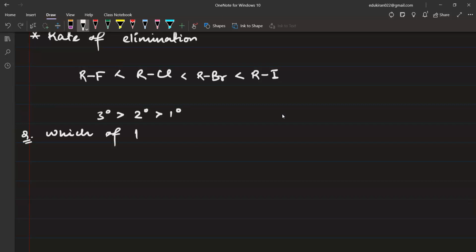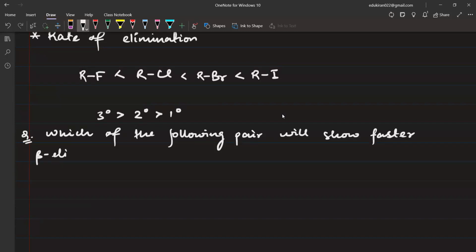Which of the following pair will show faster beta elimination? Number A, you have two options. Here we have bromine or chlorine.